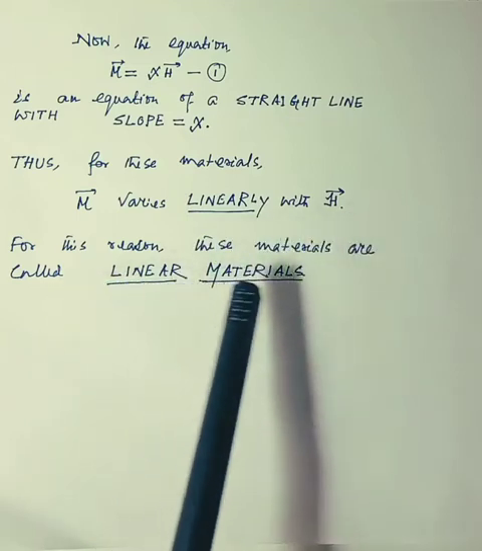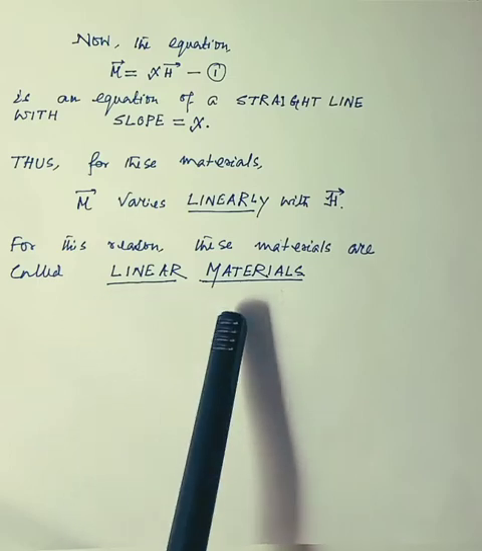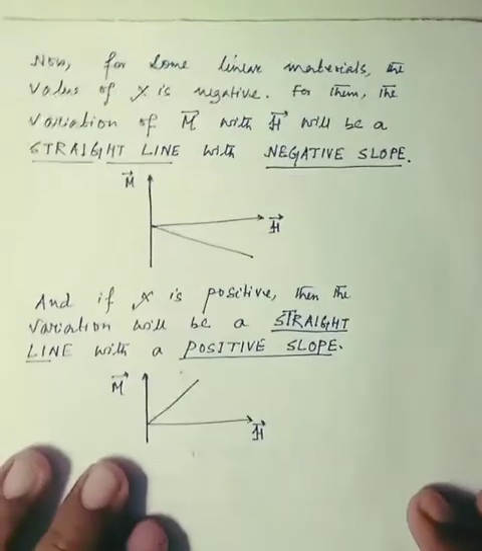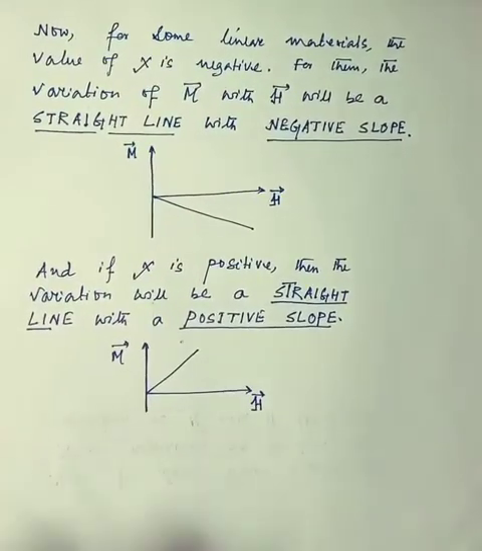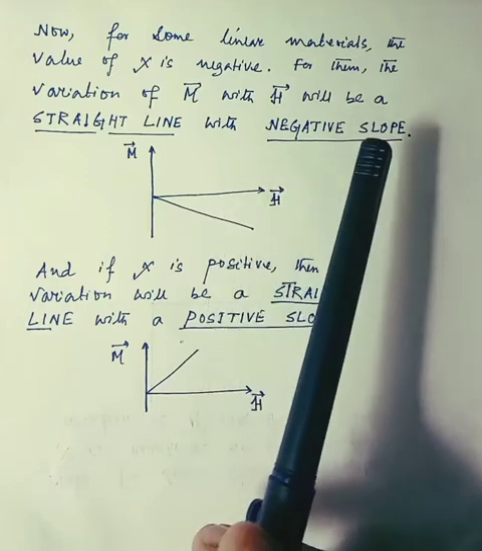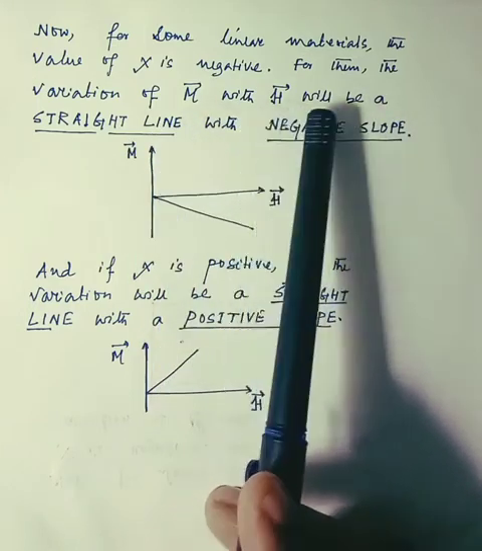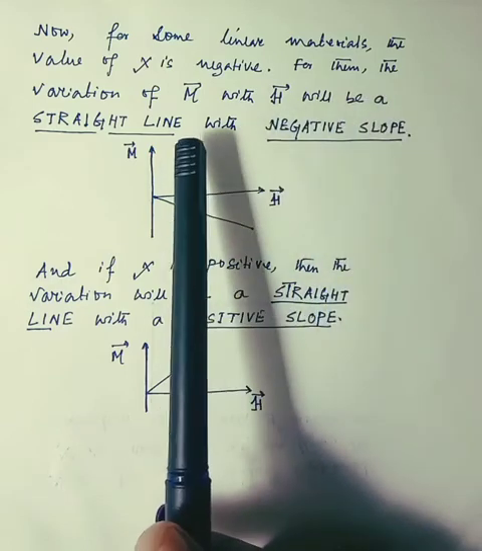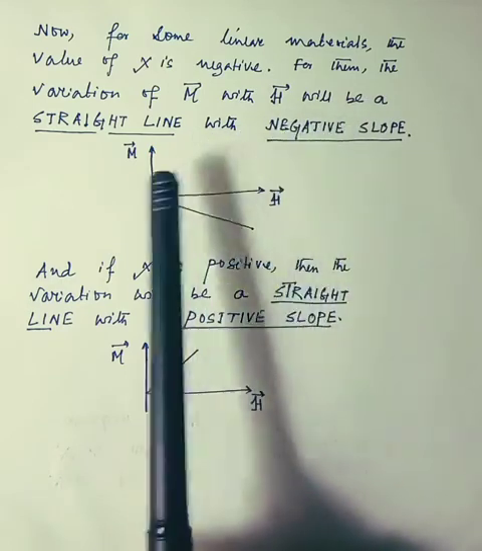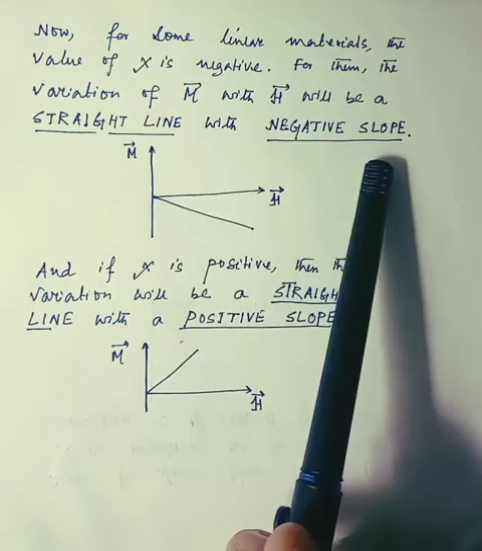For this reason, these materials are called linear materials. Now, for some linear materials, the value of chi, that is susceptibility, is negative. For them, the variation of M bar with H bar will be a straight line with negative slope.